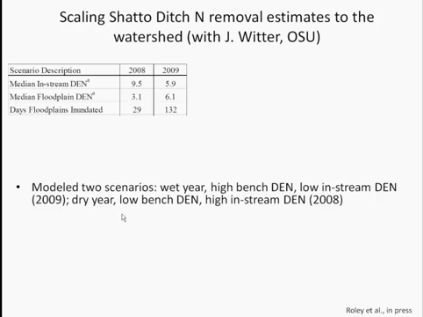We had two scenarios based on what we had observed and measured in the field. 2008 was a dry year, where those benches had water on them for 29 days. We also had low denitrification rates in the floodplains. In 2009, we saw the opposite, where we had water on the benches for over a third of the year, and we had higher bench denitrification rates.